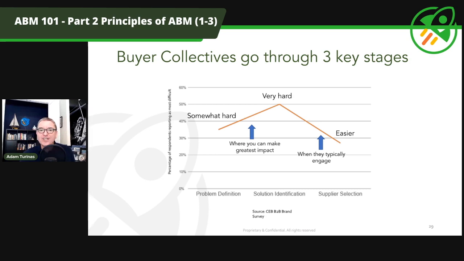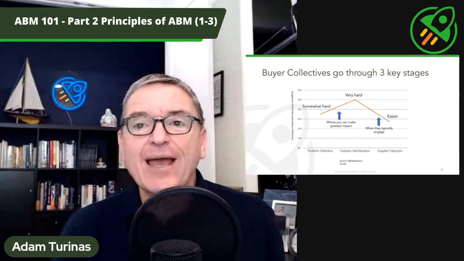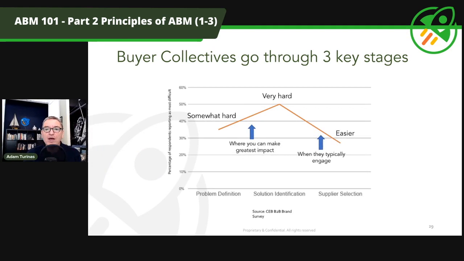So let's go back to a slide I shared earlier on. And this is, don't forget, buyers go through 3 different stages, right? They start off by defining the problem that they are addressing as a group. And they need a lot of help here. But where they need even more help is when they're defining their solution.